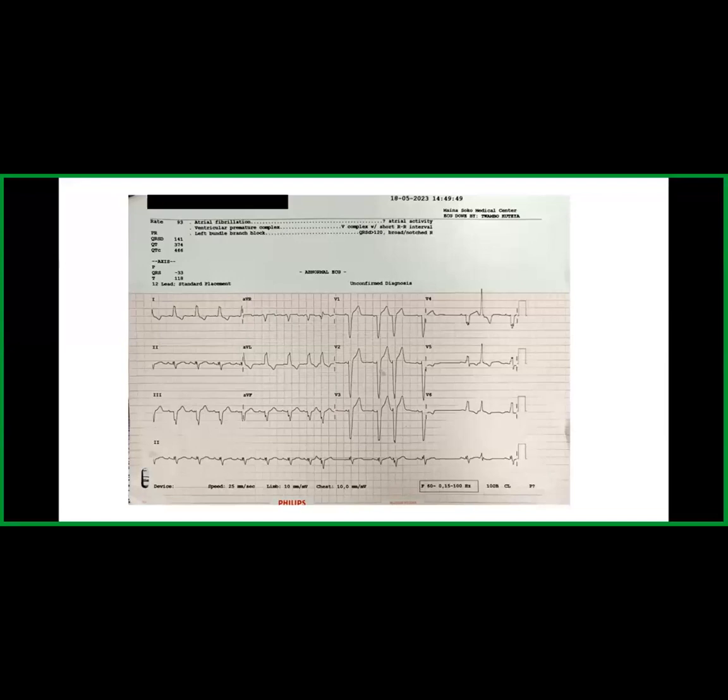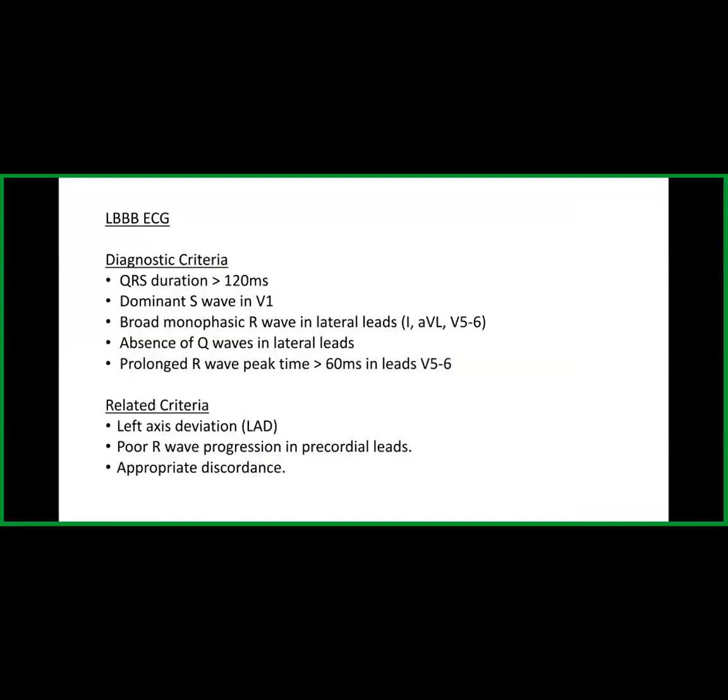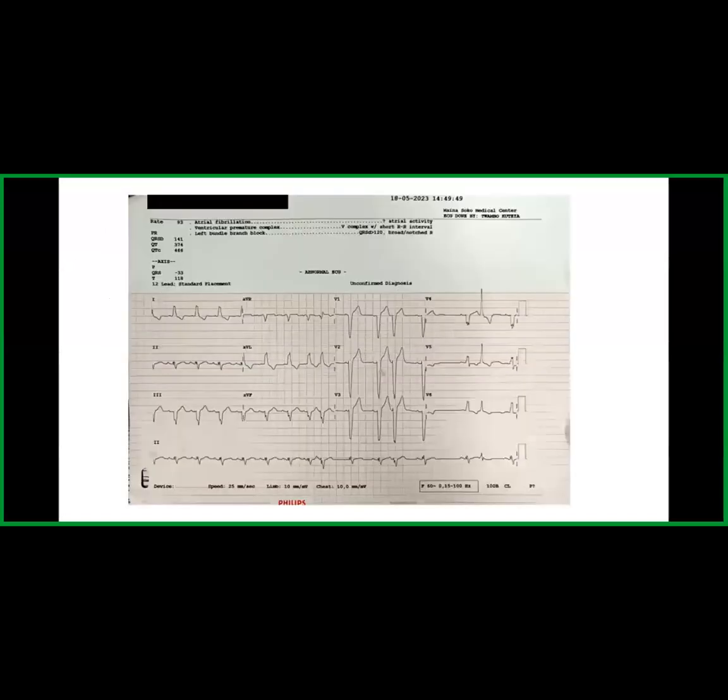I would love for you to take note of this criteria, because it is what we will be running through as we discuss some examples of ECGs that involve left bundle branch block. Okay, if everyone has taken note of this, I will gladly move on to the next slide.